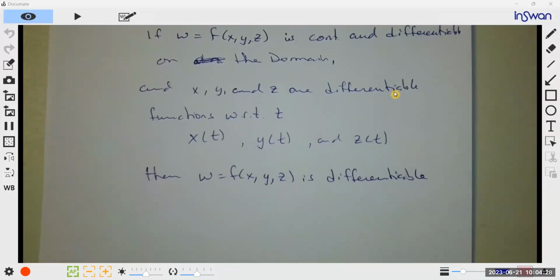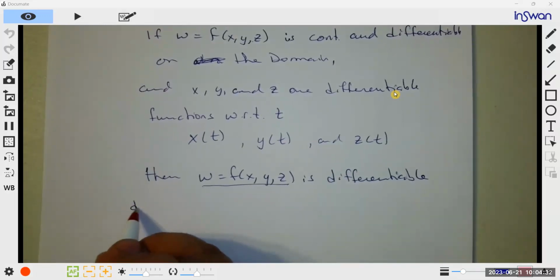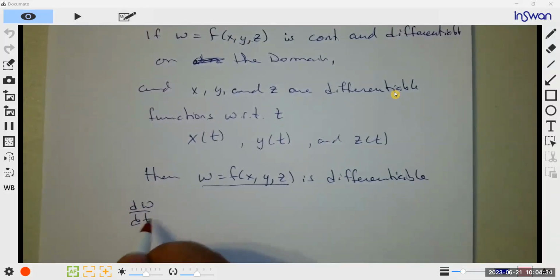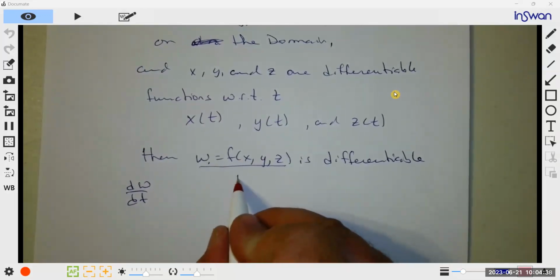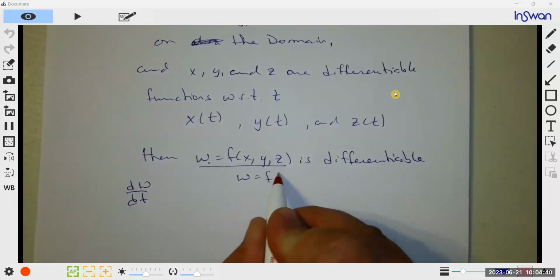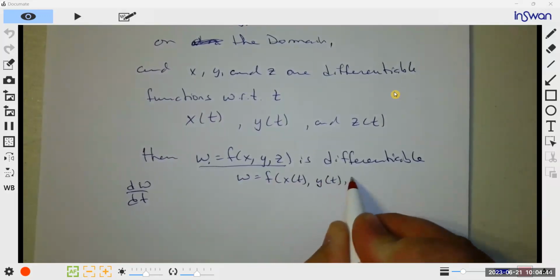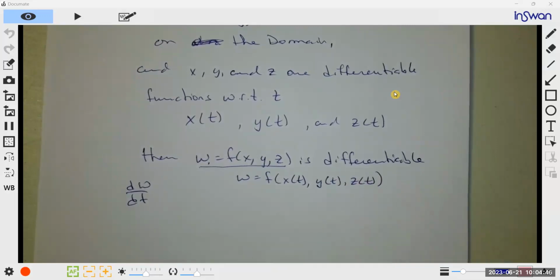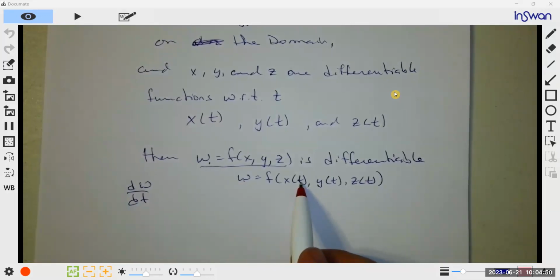Again, it looks exactly the same way. Now that we have three variables, we have our function w. Because remember, what this thing looks like is f of x of t, y of t, and z of t. So since we're taking a derivative of w, it has to be with the innermost variable.